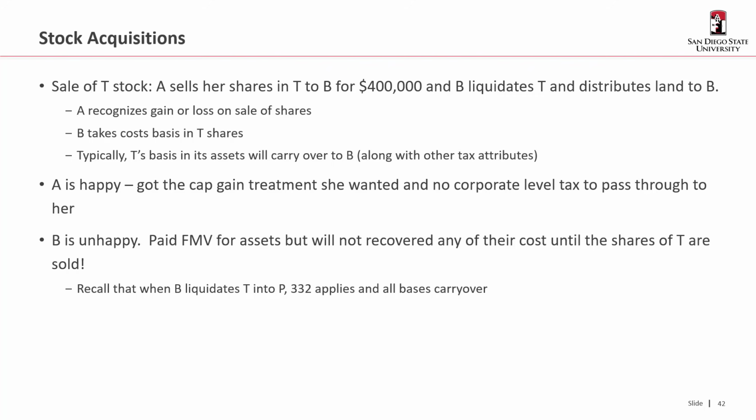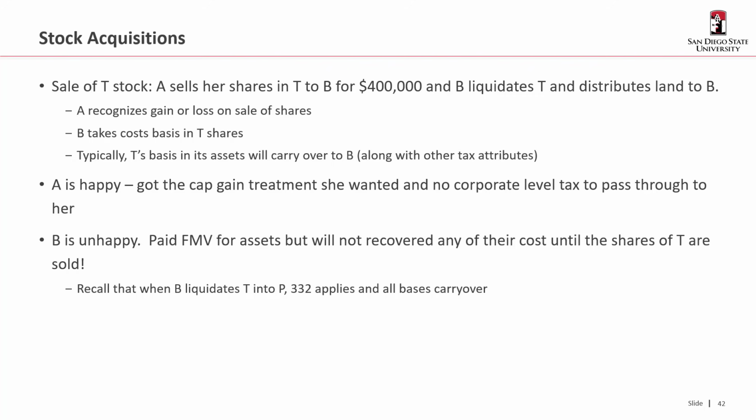They paid fair market value for the assets, but don't recover any of their costs until their shares of T are sold. So recall that if B liquidates T, then 332 applies and the basis carries over. And what happens to that extra basis? Boom, evaporates. So stock acquisitions create this difference that in large part we think of shouldn't be affected, right?